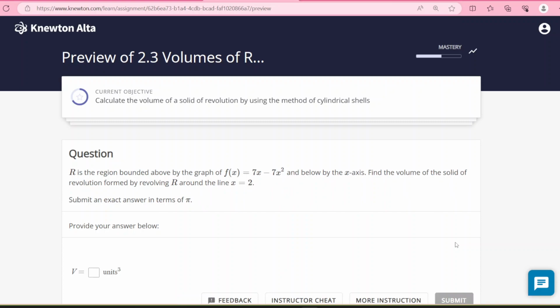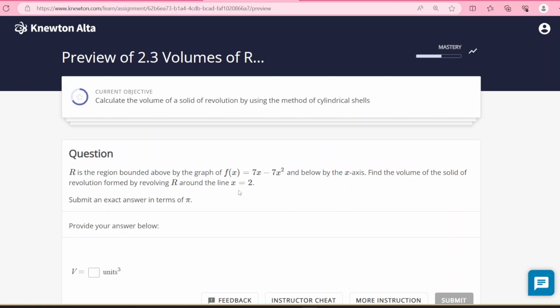Next, yet again, finding the volume of the solid of revolution using the method of cylindrical shells. So I'll do the same thing I've been doing for all these problems. Draw the region that's being described. This time though, we're not rotating around the x-axis or the y-axis.